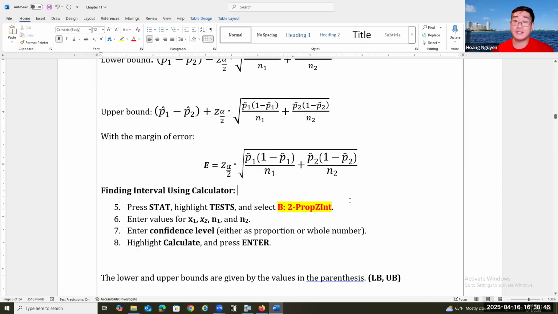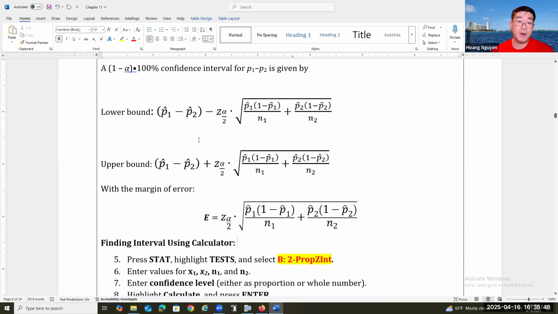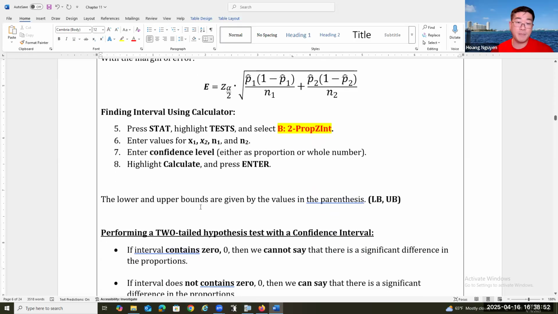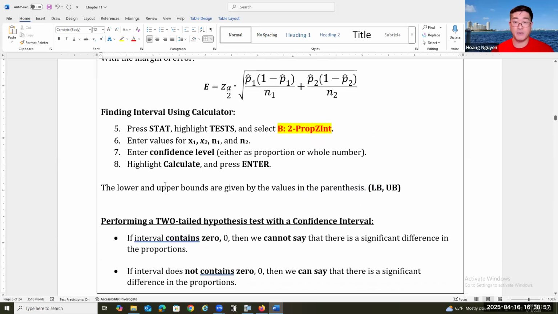After we get the answers for the lower and upper bounds, either by using the formulas or from the shortcut, we're going to wrap up this question with the interpretation, right? We are a certain percent confident that the difference between the two population proportions will be between the lower bound and the upper bound.